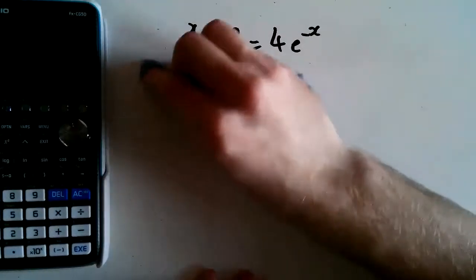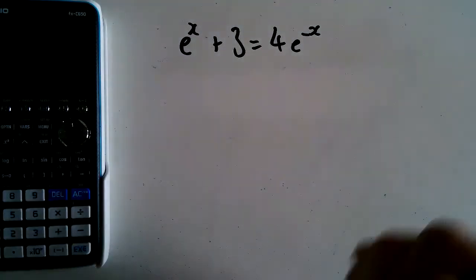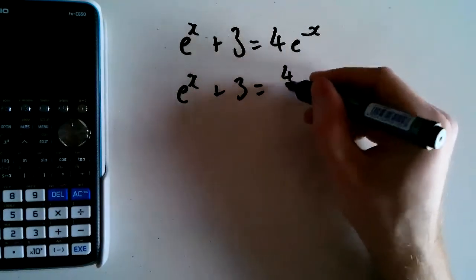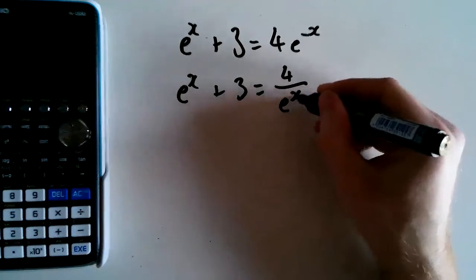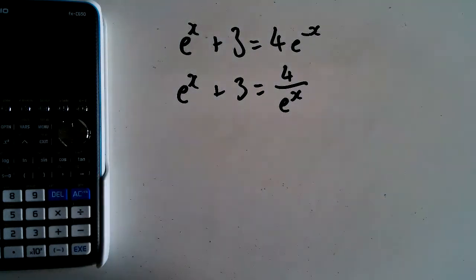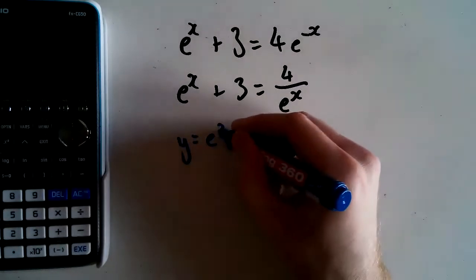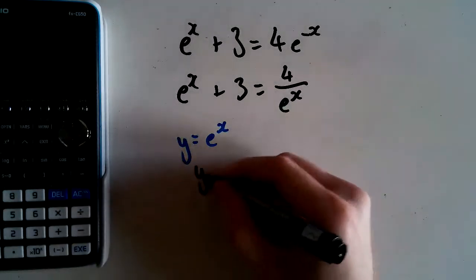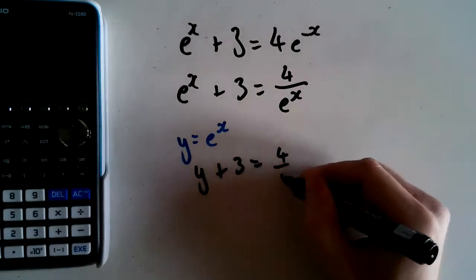So instead, we're going to be a bit clever. I'm going to write this as 4 over e to the x, because minus means over. Now we've got e to the x and e to the x are the same thing. So I'm going to call that y and make a substitution. So we get y plus 3 is 4 over y.